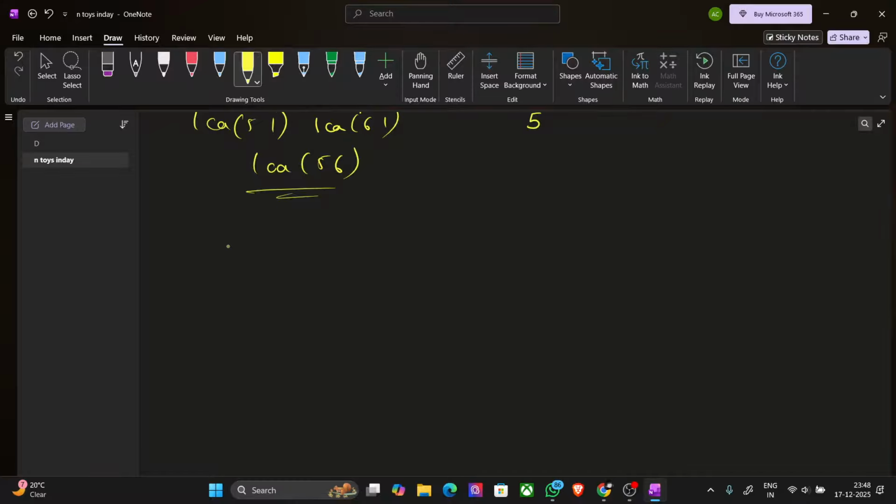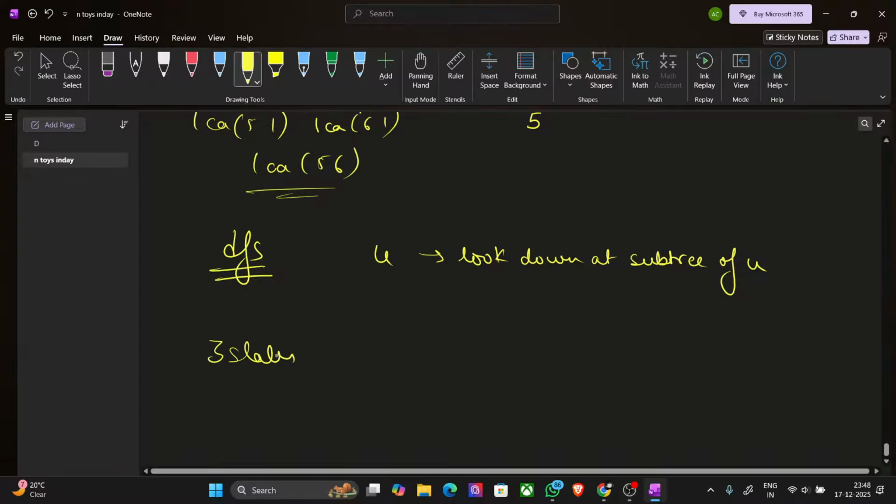I will use a post order DFS, and when we are at a node, let's say U, I look down at the subtree of U. Then there are three situations that matter. Let's say there are three states that I need to consider.